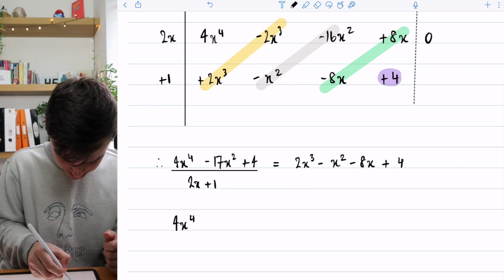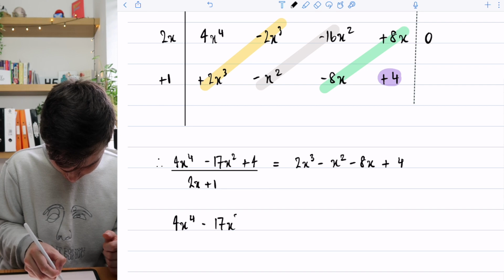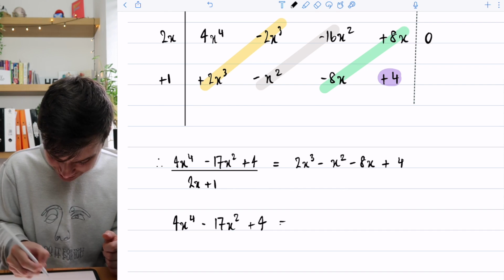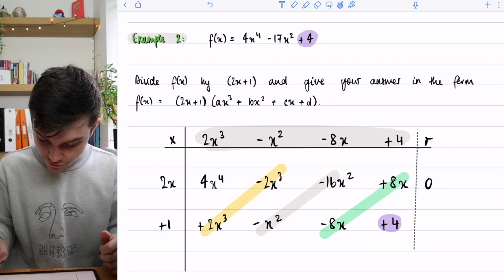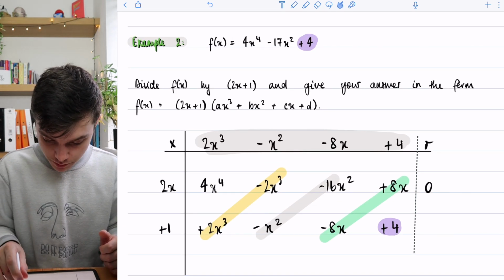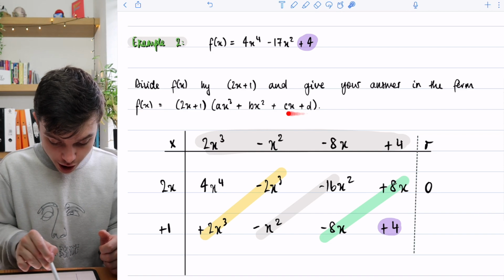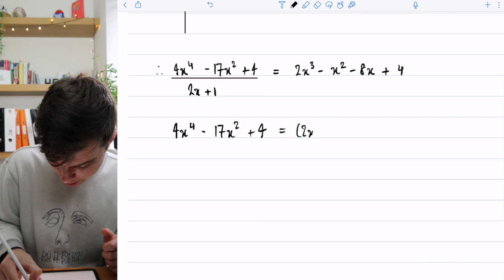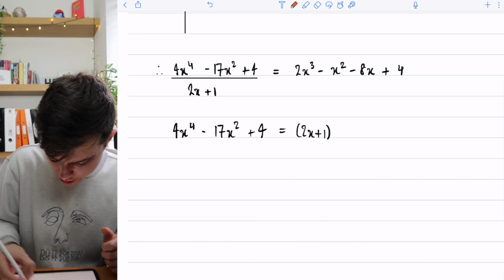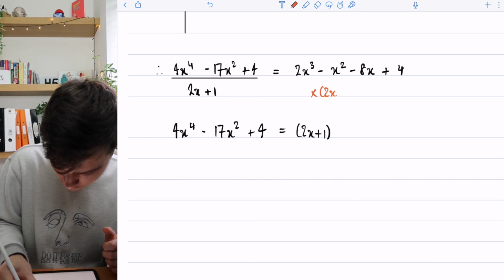So 4x to the 4 minus 17x squared plus 4x. Remember, that is what f of x is, and that's what it's asking us. Give your answer in the form f of x is equal to a cubic times 2x plus 1. Well, 2x plus 1 is what we get. Multiply both sides by 2x plus 1.